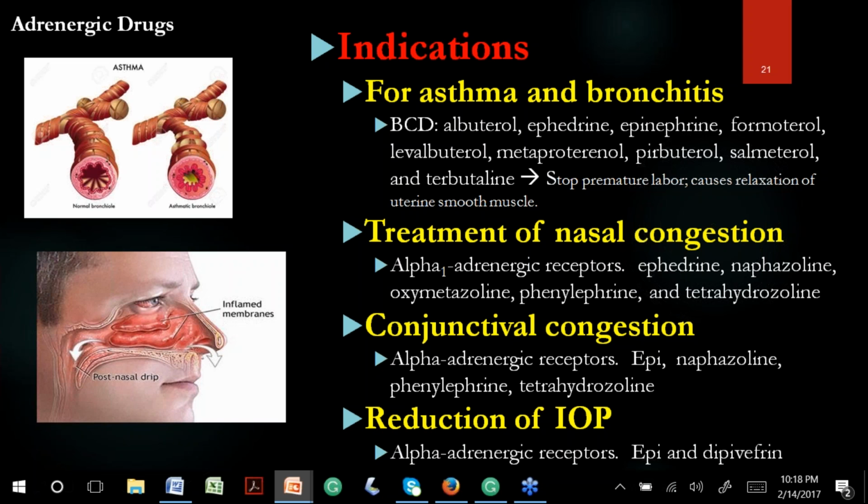What is the cause of nasal congestion? Allergies, right? For example, allergies or some inflammation caused by a virus produce activation of the basophils and mast cells, and they release a lot of histamine. Histamine produces vasodilation, and this vasodilation leads to congestion.